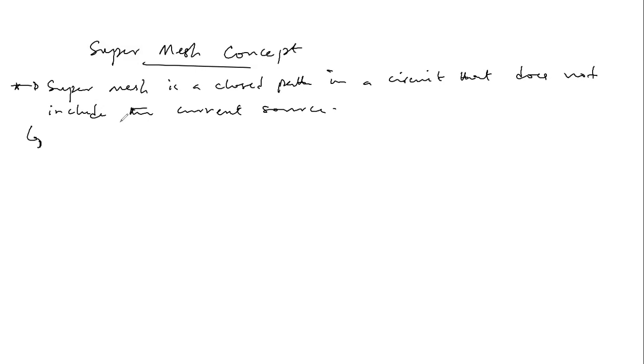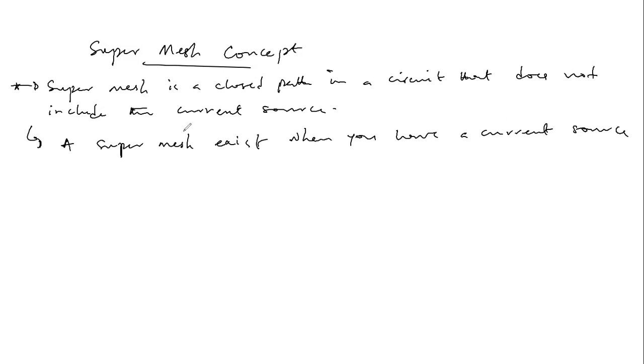So a super mesh exists when you have a current source between two meshes, like I said earlier. A super mesh exists when you have a current source between two meshes.